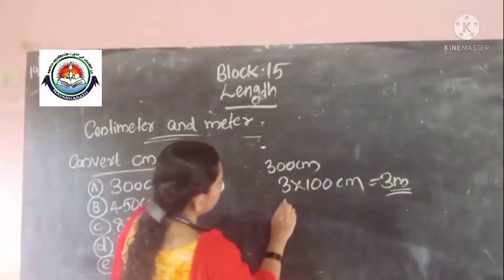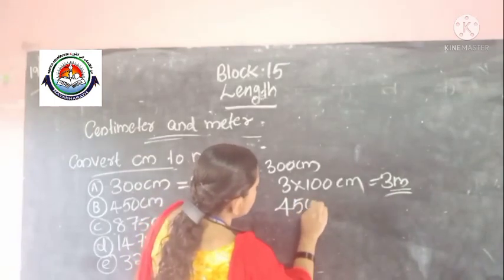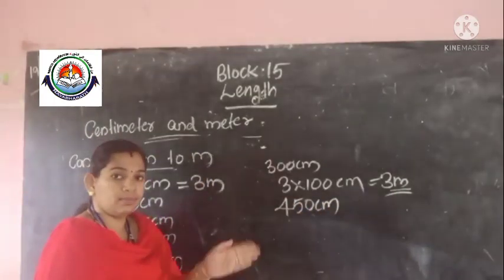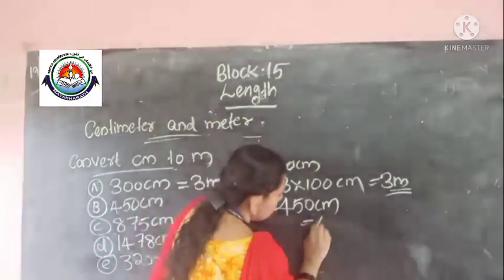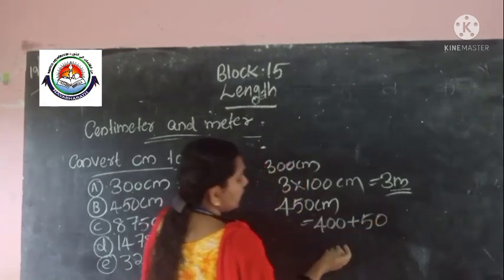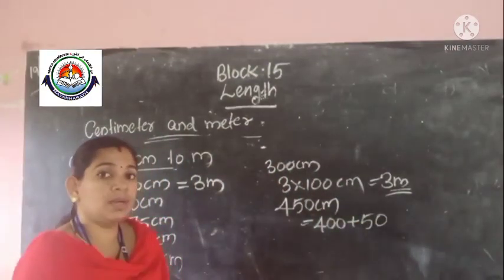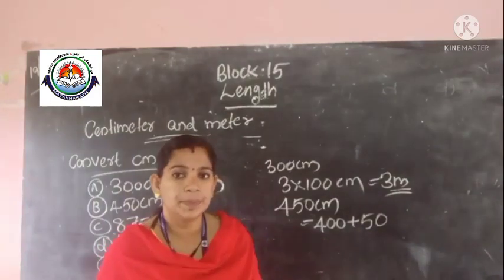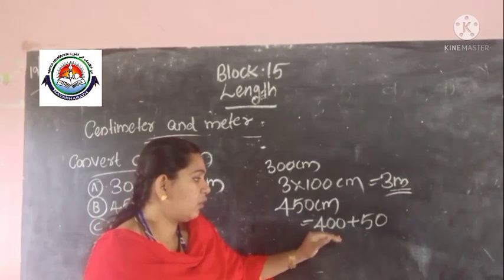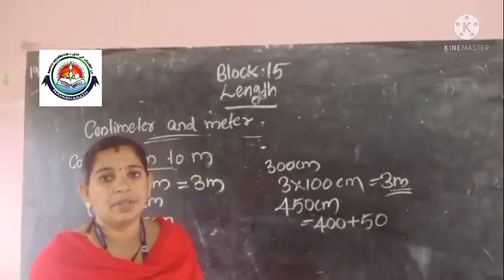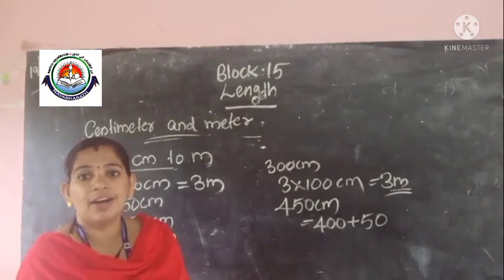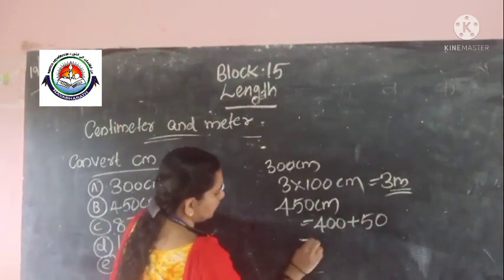Next question, 450 centimeter. 450 you just convert like this: 400 plus 50. One term in hundreds and the remaining number. Okay, 450 we can write 400 plus 50 centimeter. 400 centimeter, how much meter? Yeah, very good, 4 meter.